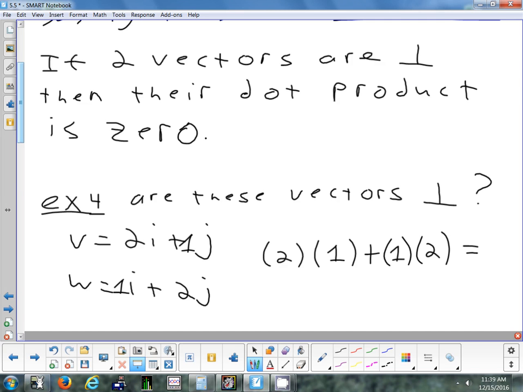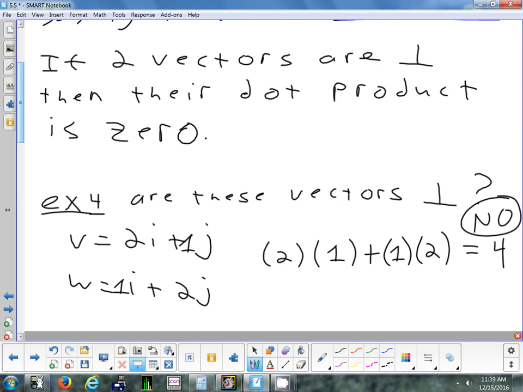What does that come out to? 4. So are these vectors perpendicular? No. Dot product didn't come out to 0, so you don't even need to do anything else. Those vectors are not perpendicular.